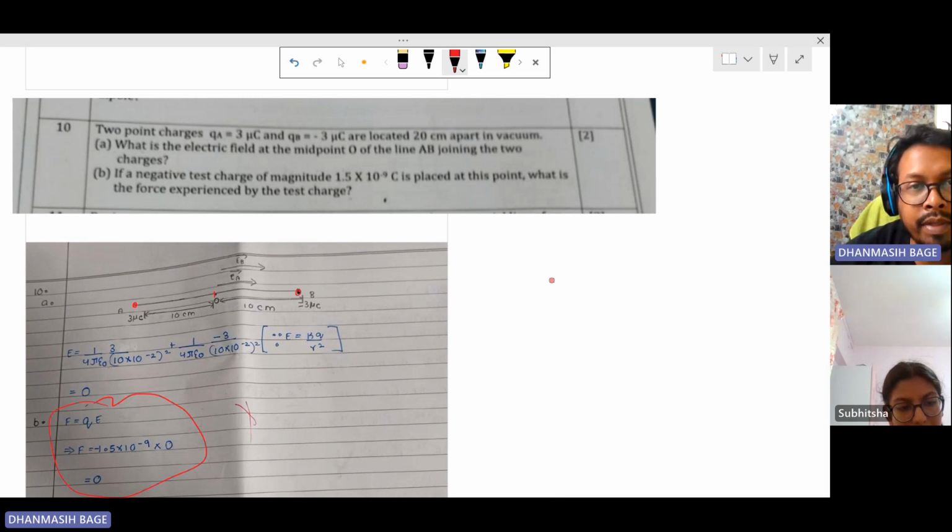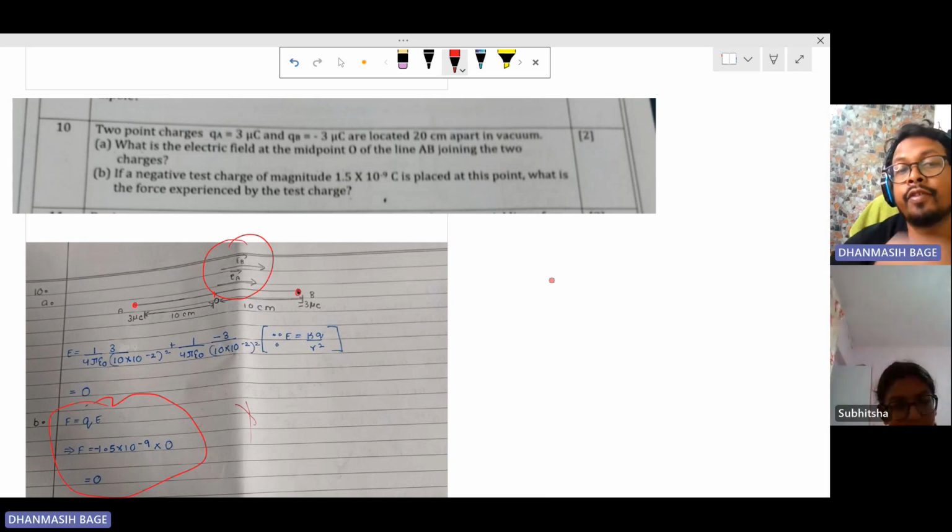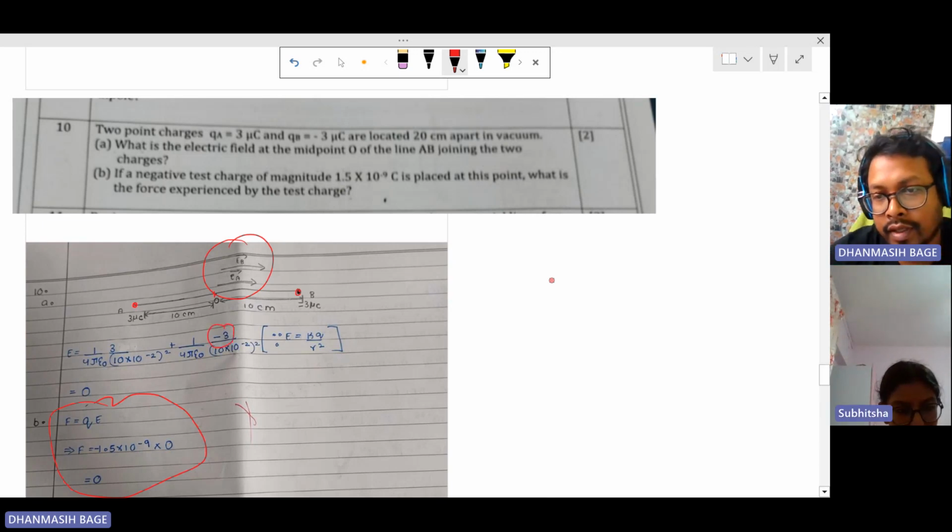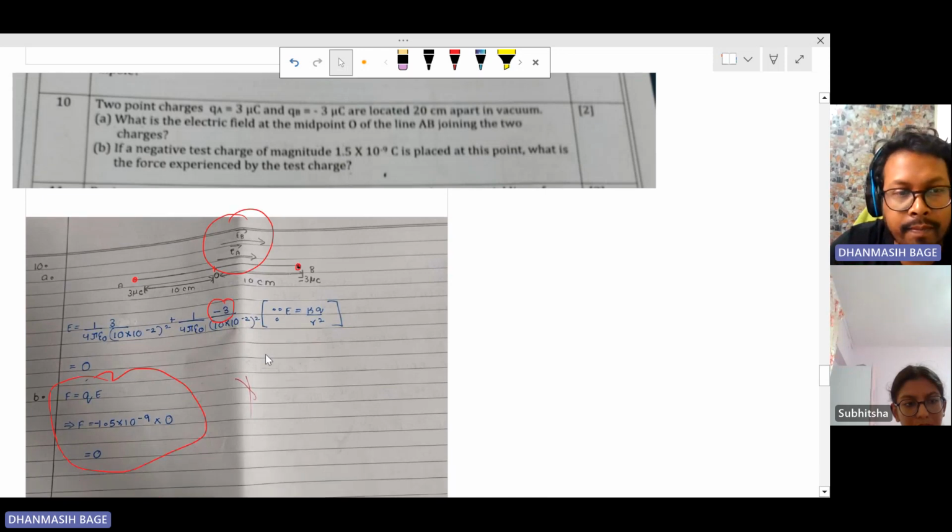What is the electric field at the midpoint? Yes, this is correct. Yes, I think the confusion, right? I told you never to take the sign of the charge, right? Yes, sir, that is the mistake. So never take the sign, because sign just tells you the direction, but the direction is already understood here. So that is the mistake.